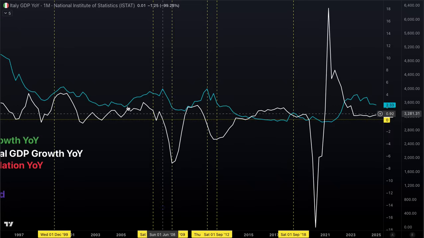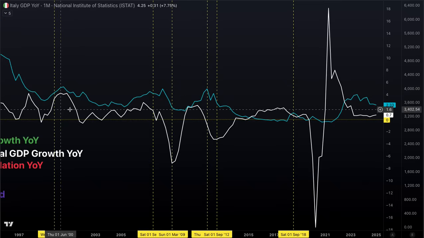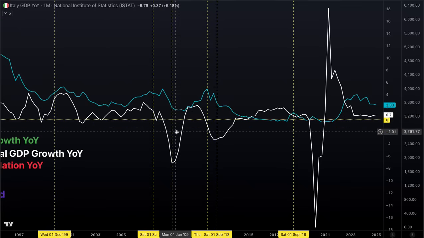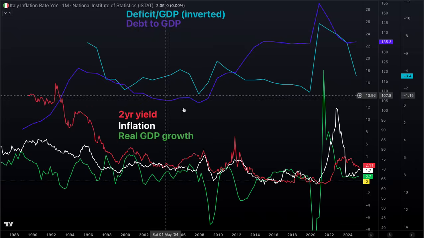This gap, which had converged due to the austerity measures in the 90s, when you had gotten the real growth rate and the cost of your debt much more in line. But then look at what happens. You get plunged into this great financial crisis. Your growth falls much more quickly than the cost of your debt.